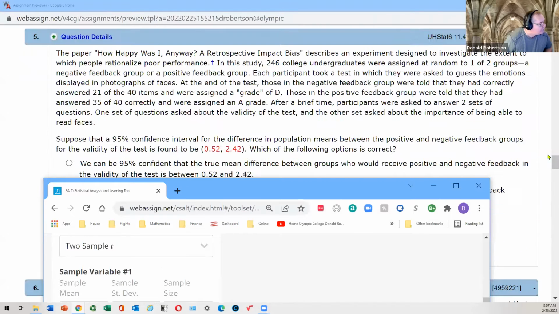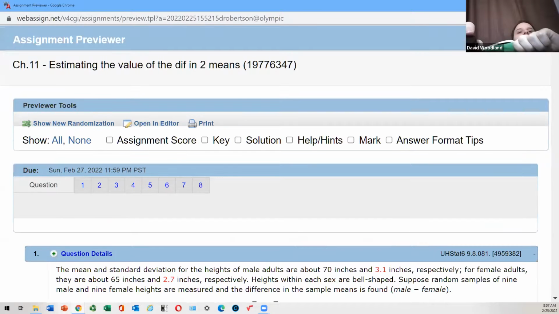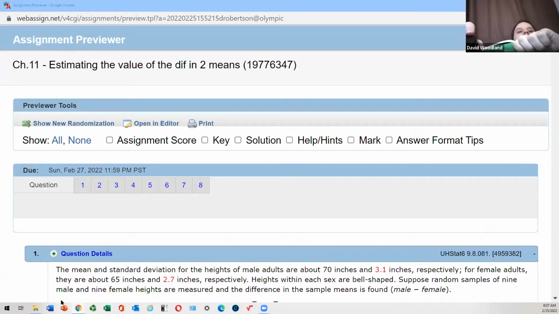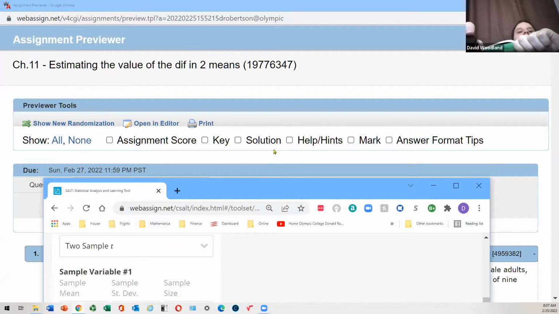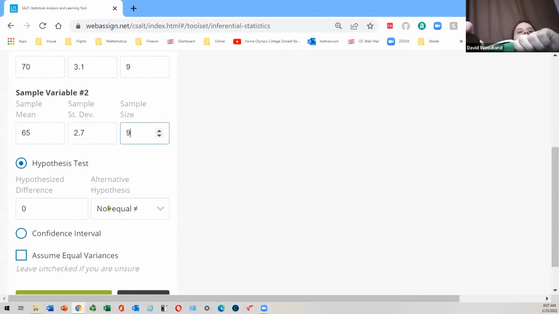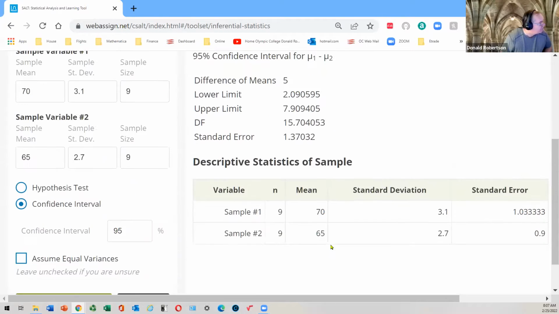And let's just see what else they want. Oh, where's it doing that for? All right. Right, there's that guy back. Check it. Right. And confidence interval, say 95%, generate results.